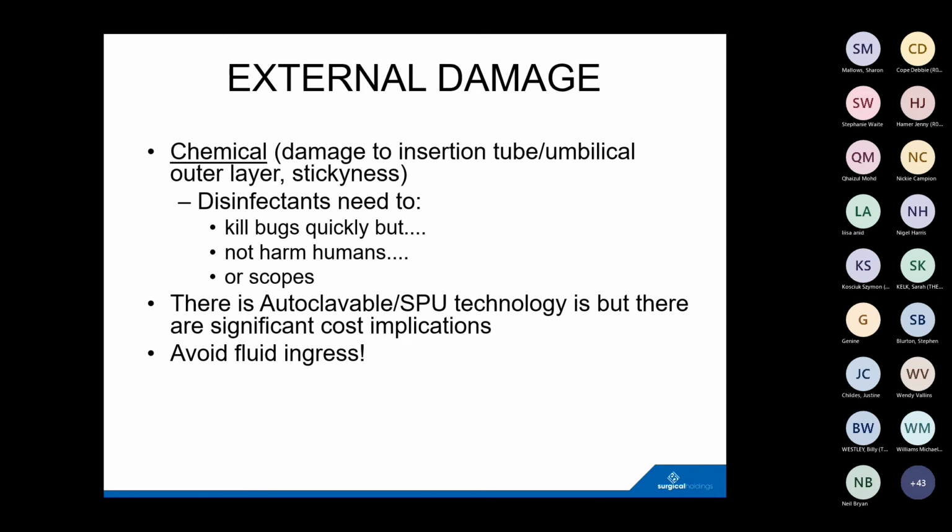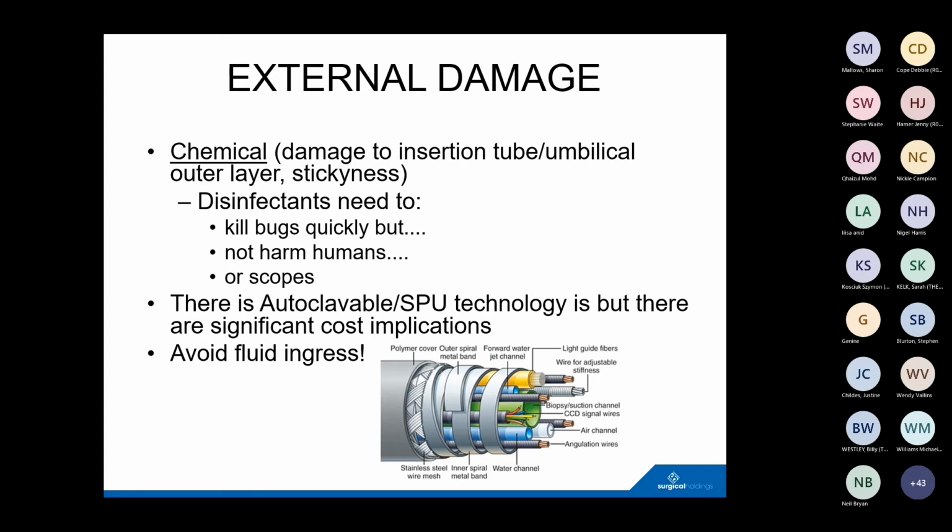But as I've mentioned two or three times already, the key thing to avoid is fluid ingress into the internal structure of the instrument, because there's so much in there. Particularly if the fluid ingress gets to the chip itself at the distal tip, that's a very expensive repair.